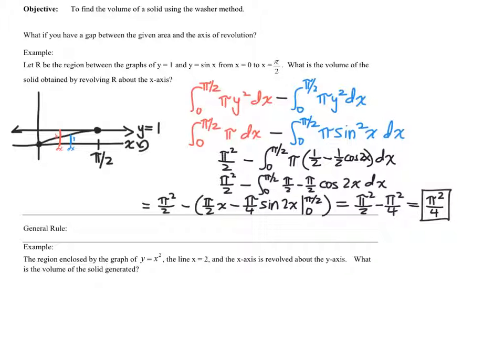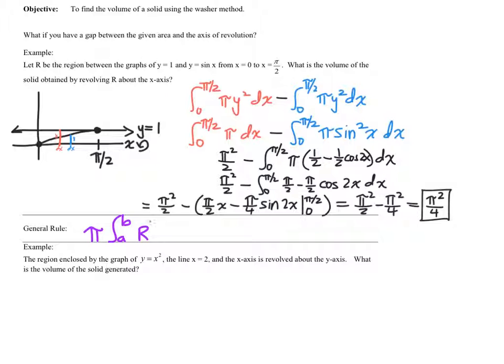All right. So the general rule for this really just amounts to doing the disk method twice. But you could clean it up because you can see that the bounds of integration are the same, and each one has a pi in it. So those are things that can be accounted for. If you really want the most general form, we're looking at pi on the interval of a to b times the difference between the squared radii.